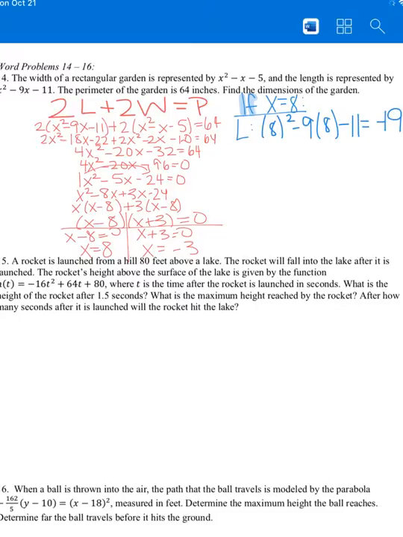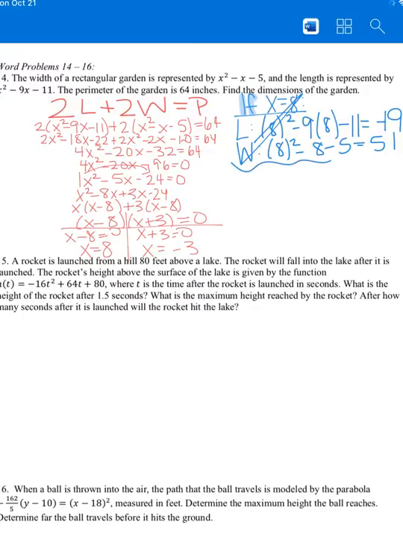So that means x cannot be equal to 8, because if x is 8, then your length is negative, and you cannot have a negative distance. In case you did the width first, it would be 8 squared minus 8 minus 5, which would give you 51. So that would be okay, but the negative 19 gets rid of my x equals 8.